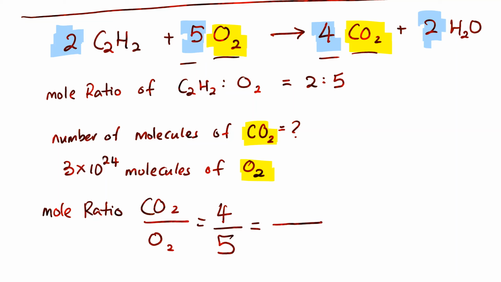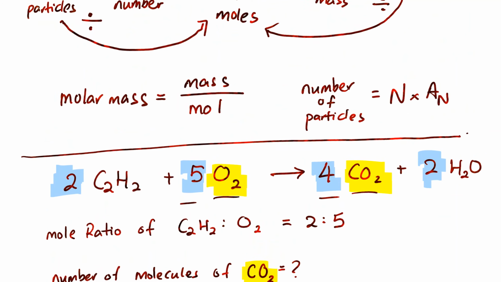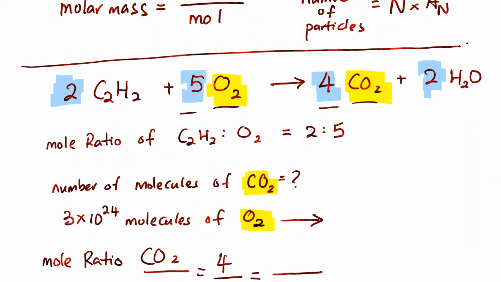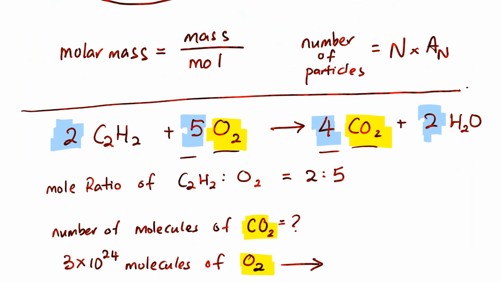Next, you look at the given information: 3 times 10 to the 24 molecules. Is it in mole? No, it's not in mole, so you have to change it to mole. You multiply it through Avogadro's number? Oh wait, no. Remember, whenever you're looking for mole, it's always division. If you're unsure whether you're doing multiplication or division, look at the formula. So the number of moles is number of particles divided by Avogadro's number.